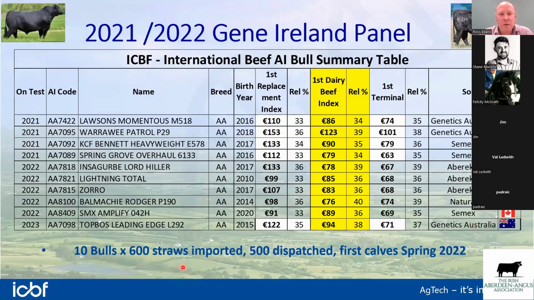What happens with these bulls is that if they can be bought at a reasonable price, there's a limit for participation in the panel, we ask for 600 straws. 500 of those get dispatched, and then if the bulls turn out good, there's 100 straws available for pedigree breeding at the end of the test period.